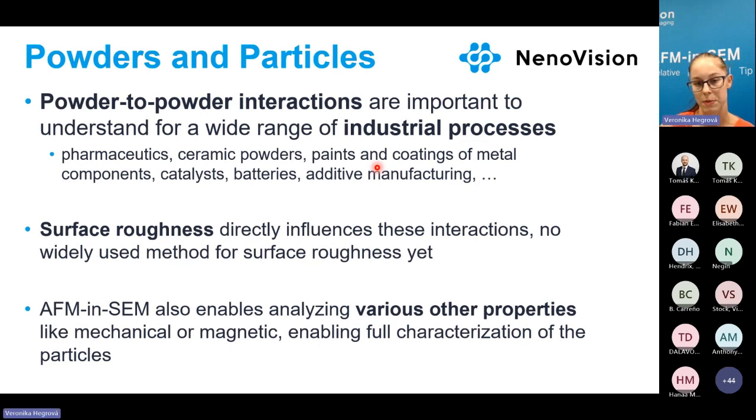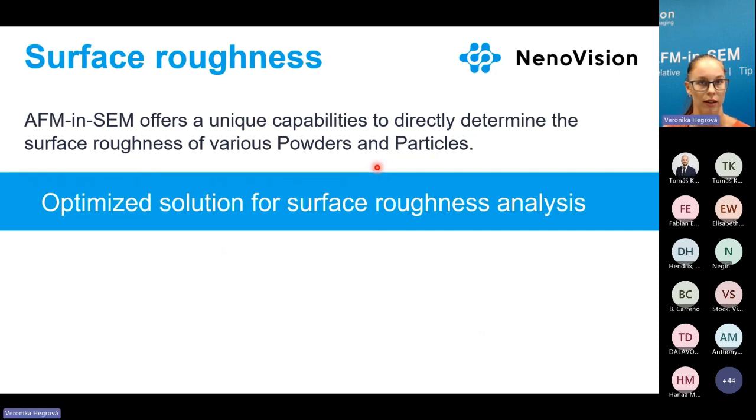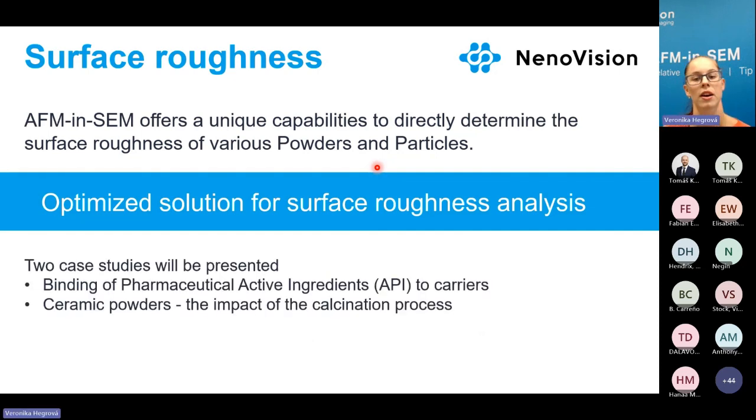Not only the roughness, but other properties such as mechanical or magnetic can help in understanding the principles of devices. And so if we go into surface roughness measurement, I'd like to show you an optimized solution, how we measure the surface roughness. On two cases, we will see a use case in pharmaceutics and in ceramic powder.